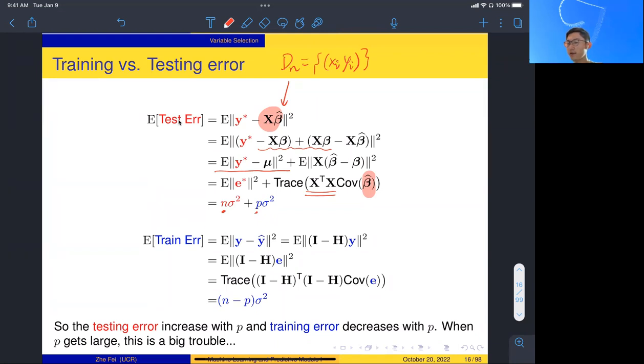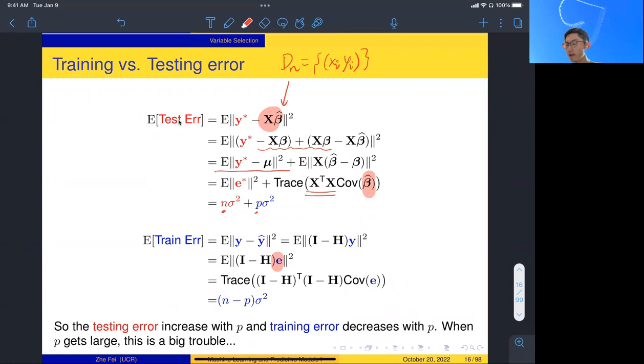And on the other hand, if we calculate the training error, this Y is what we observe in the training data, and Y hat is the fitted value. From the definition of our beta hat estimate, it would be I minus H, the hat matrix, times the error, and with the same technique, it equals the trace of this matrix.